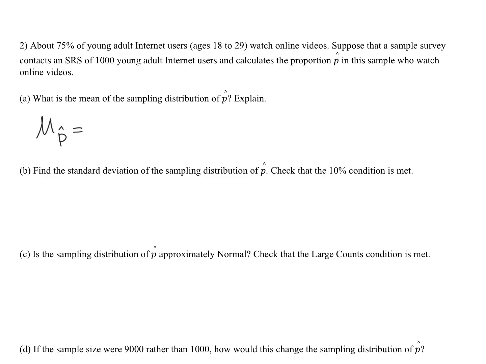The mean is going to be 0.75, and that would be because we are taking an SRS. So again, randomness or taking an SRS, both of those mean the same thing. That is the reasoning behind our sample proportion, mean of our sampling distribution being 0.75.